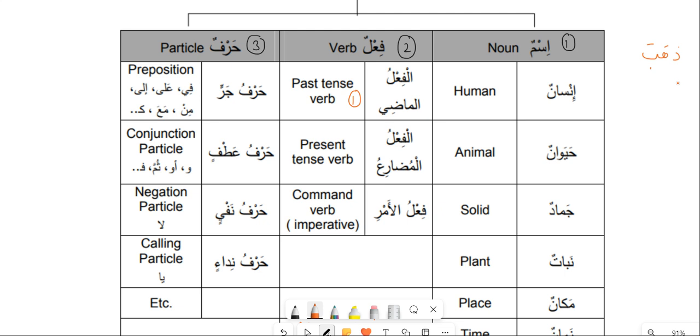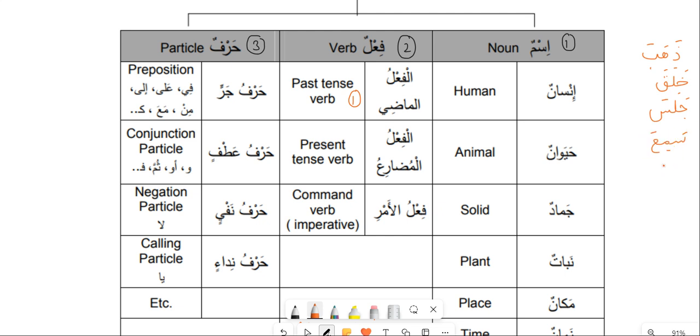Then خلق, to create. And what can you see in all these? What is the similarity? Then jalasa, what are the similarities? And then سمع. Now you can see how I made the ain, samia.